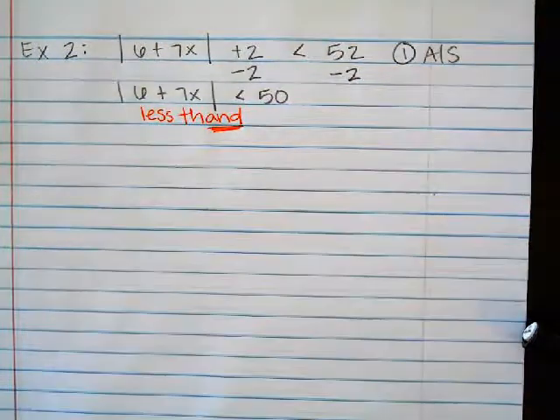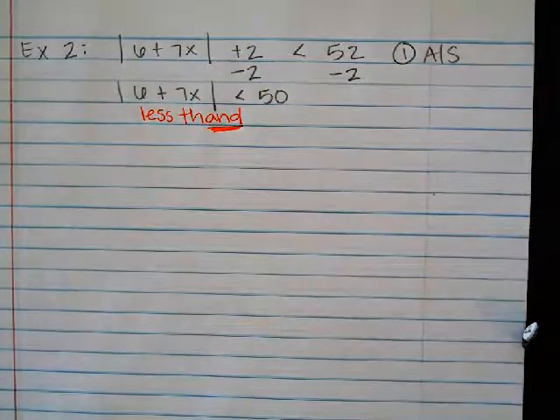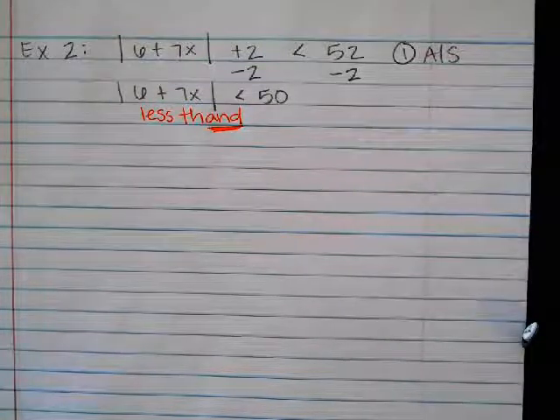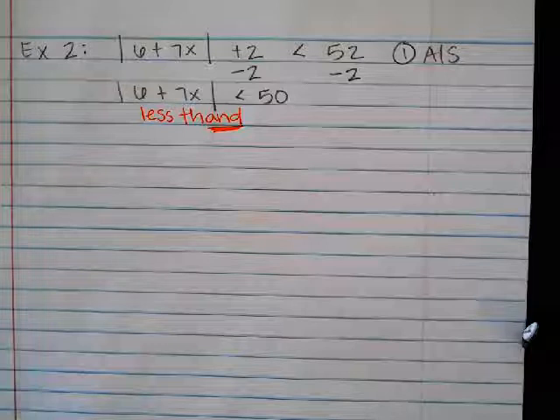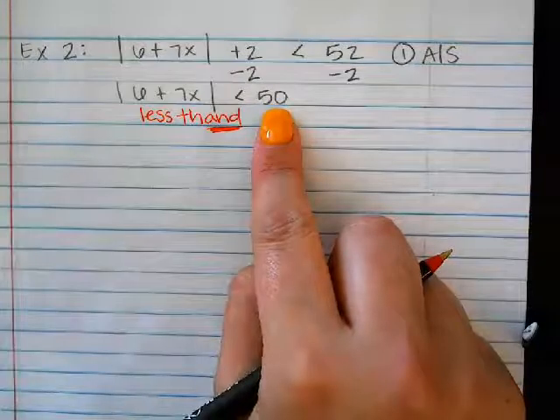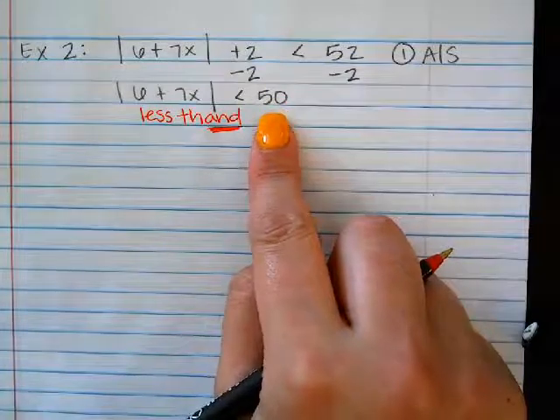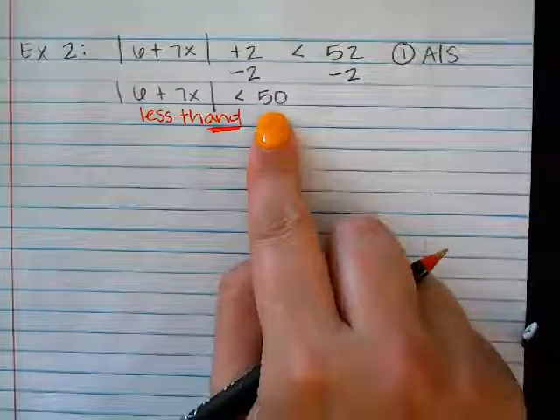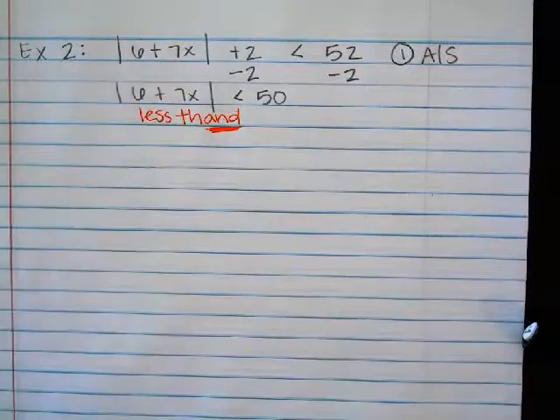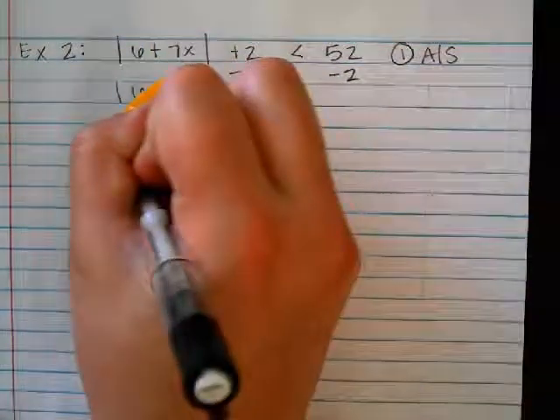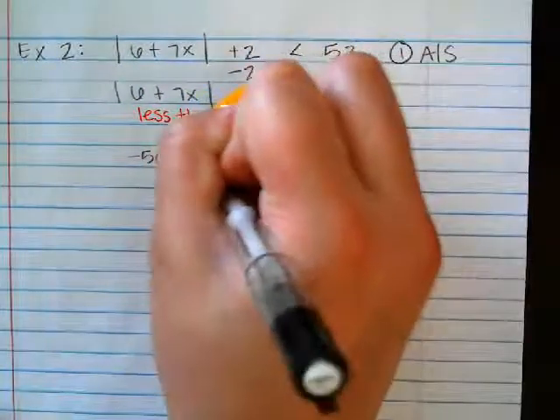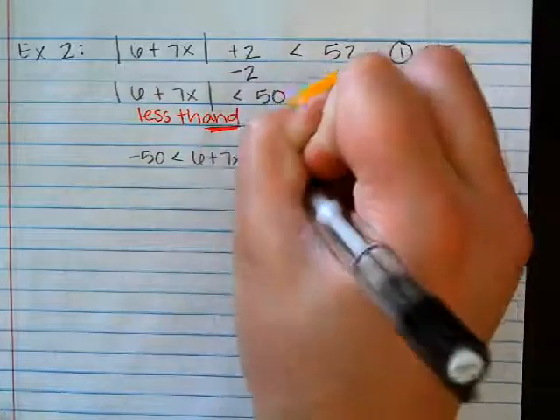This is making a sandwich. Okay? It's between one number and the other number. The two numbers that we're sandwiching it between are negative 50 and positive 50. The thing that goes in the middle of the sandwich is the 6 plus 7x. Okay? So I'm going to say negative 50 is less than 6 plus 7x, which is less than positive 50. I'm making a sandwich. Less than.